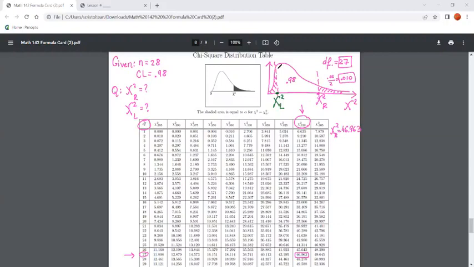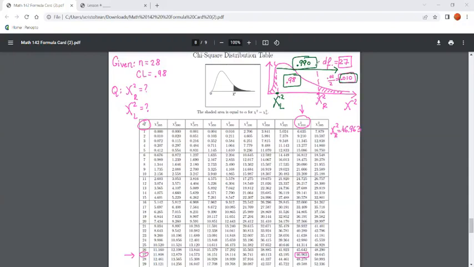I'll be looking now for chi-squared to the left. In order to find that, I need to make sure I know what the area to the right of this value is. One way would be to add this area to this area, and that is 0.99. Another would be to make sure that these two add up to 1, or 1 minus 0.01, which in this left area will give me the same answer.